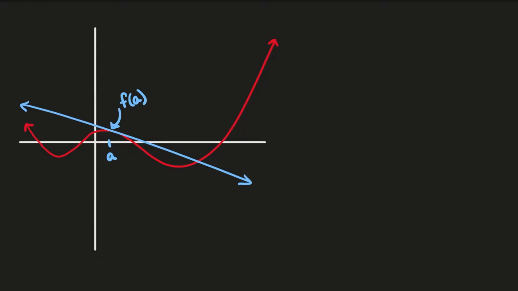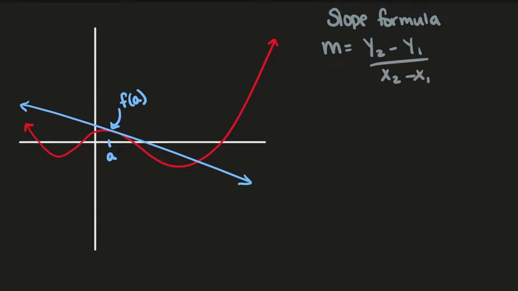So if we remember when we were solving linear functions, we used a formula to find slope. Our slope formula was, when we were given 2 points, m equals y2 minus y1 over x2 minus x1. We can represent this in another way.